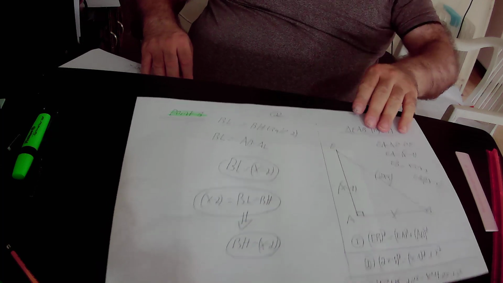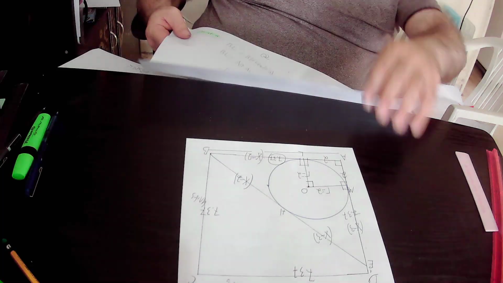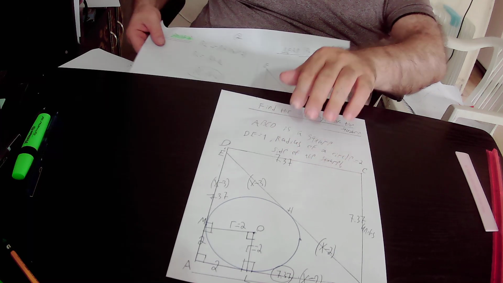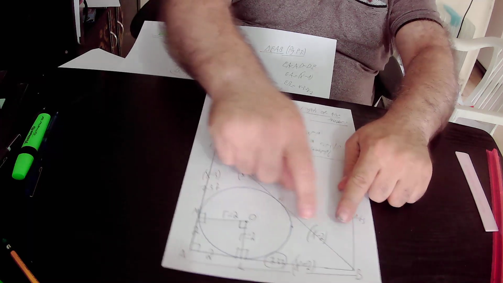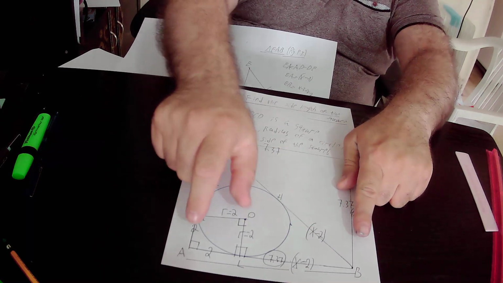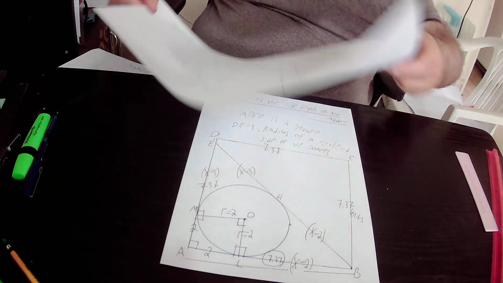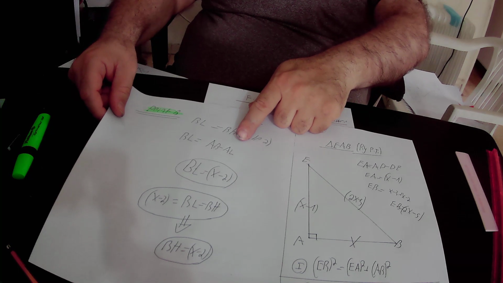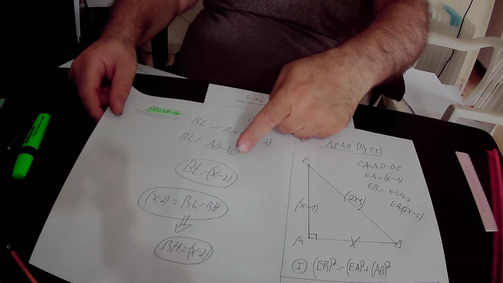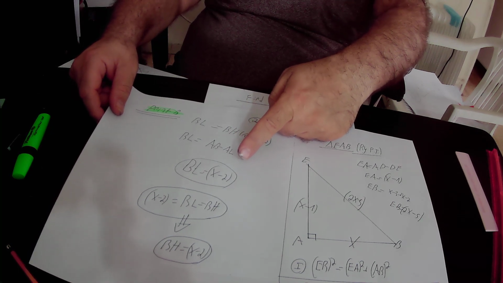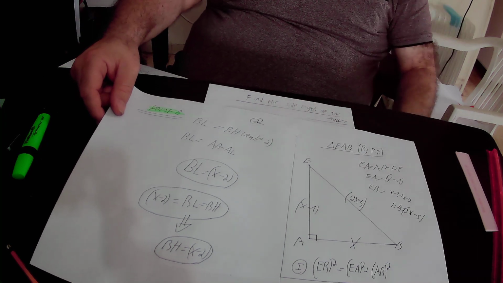And what is the length of BL? From the drawing, it is very easy to see that BL equals AB minus AL. That is to say, BL equals AB, which is x, minus AL, which is 2. So in conclusion, BL equals x minus 2.